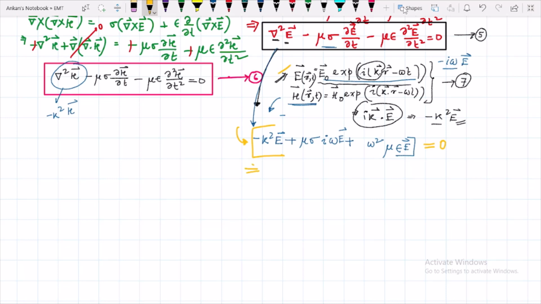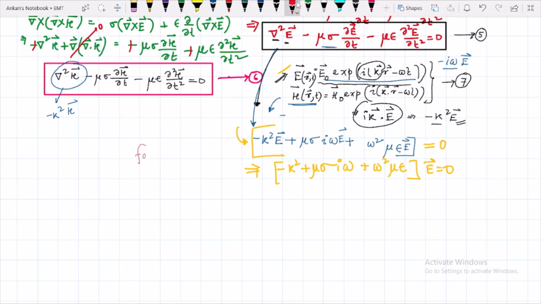Now on further simplification, we can get minus k square plus mu sigma I omega plus omega square mu epsilon times E vector is 0.